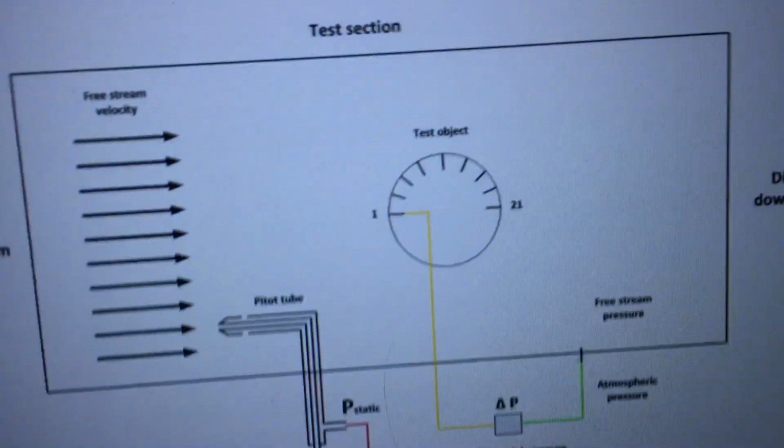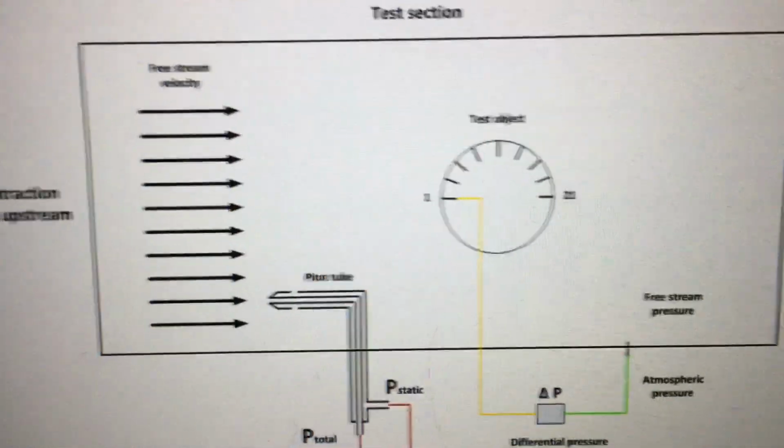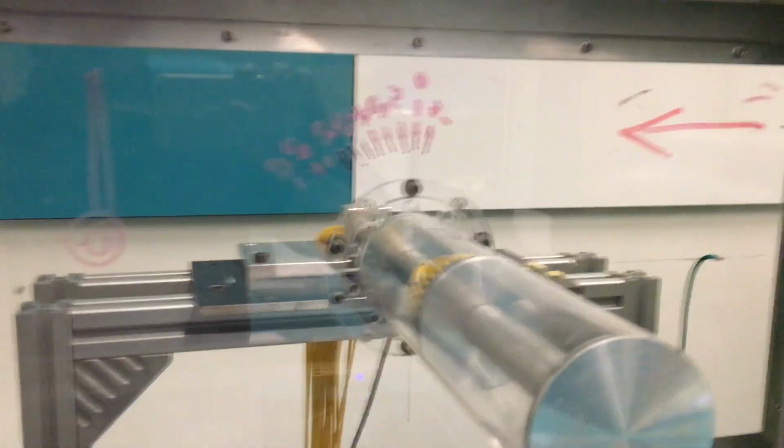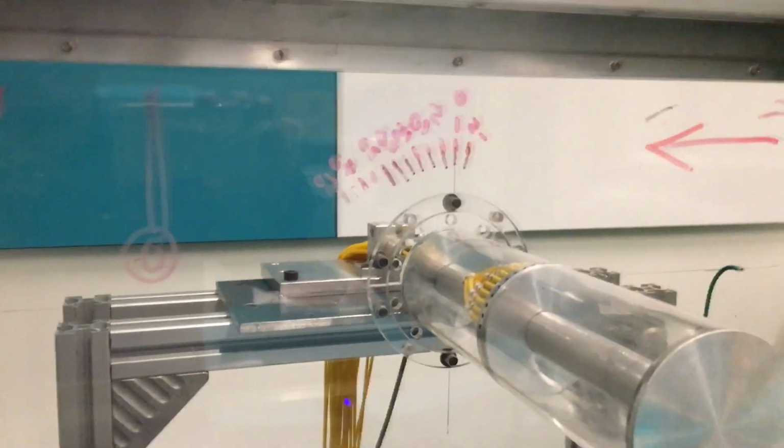In this cylinder we have 21 pressure tappings, or 21 holes, from hole 1 to hole 21, on half of the cylinder, because of the symmetrical shape. So the holes are only in half of the cylinder.